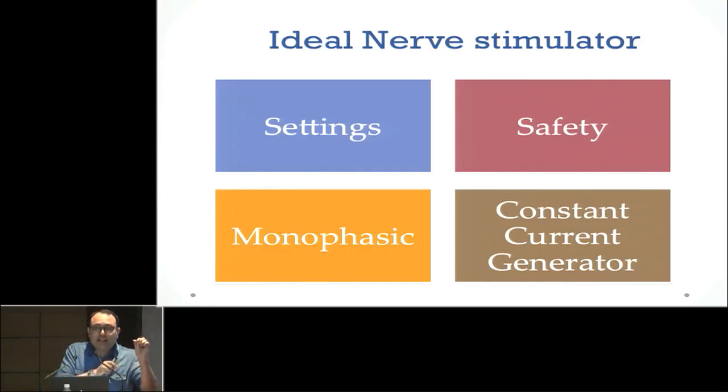So once you set a current of 5 milliamps in a peripheral nerve stimulator, all these tissues, the needles, etc., will decrease the current strength. The ideal nerve stimulator should not decrease that current. If you are setting a current of 5 milliamps, the nerve should be hit at 5 milliamps of current.